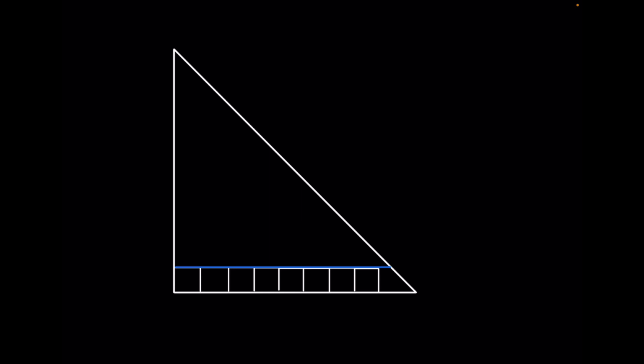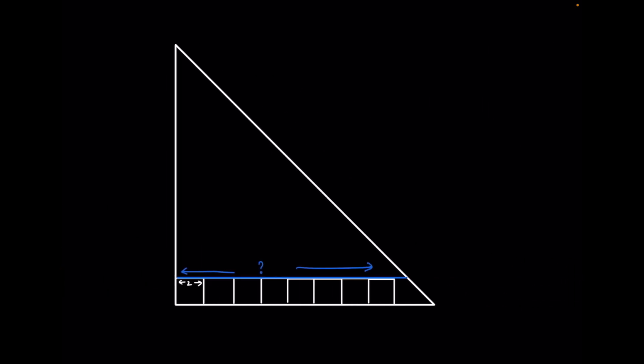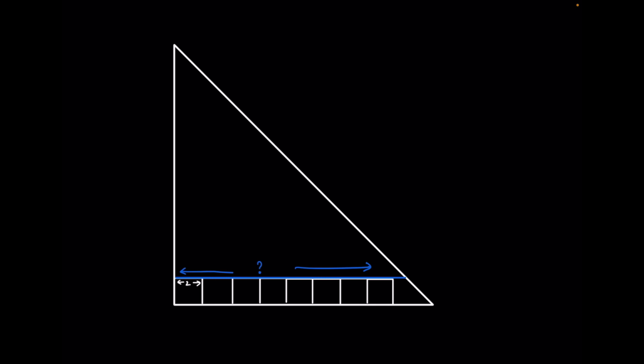What we are basically looking for is how many line segments of length 2 can you fit onto this blue line, right? Because that's exactly the number of squares that you'll be able to fit onto this layer, right?